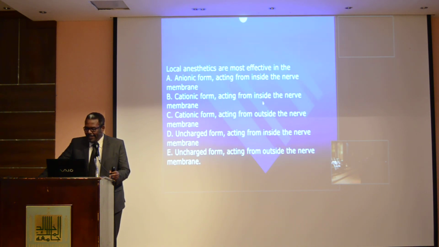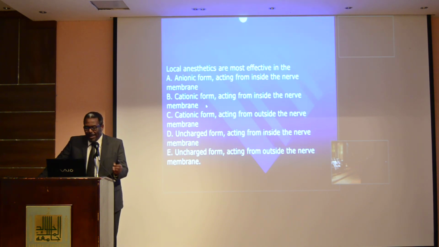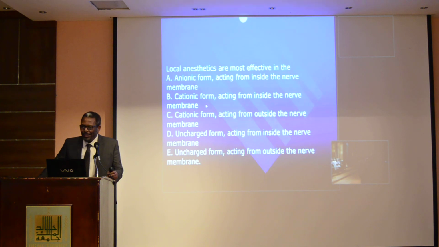Inside is more common, and these 2 are already excluded. So they will think of these 3, and then they will think of the 2 common inside. Again, they will come with 2 options only, which is true, false, and at the end they will answer the question. And you think that you are measuring their learning, but you are not actually measuring their learning.